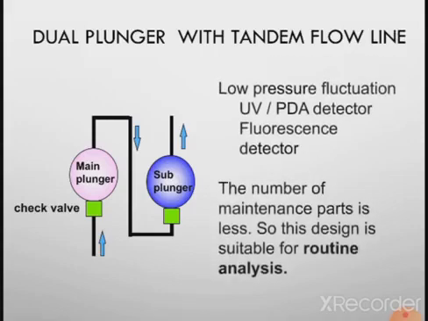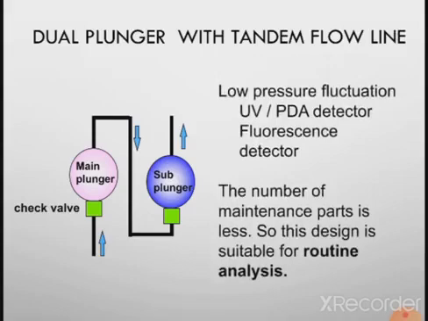There is low pressure fluctuation, which UV and PDA detectors and fluorescence detectors require. The number of maintenance parts is less, so this design is suitable for routine analysis. So this is the dual plunger with the tandem flow line.